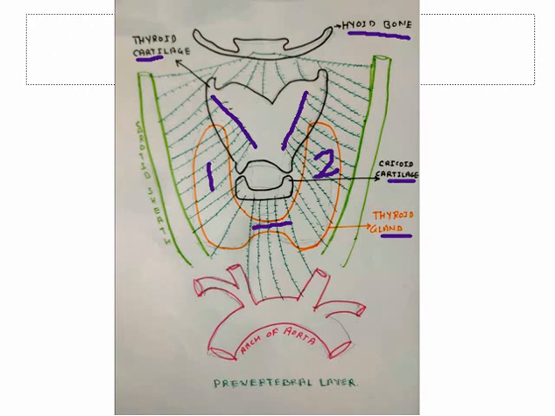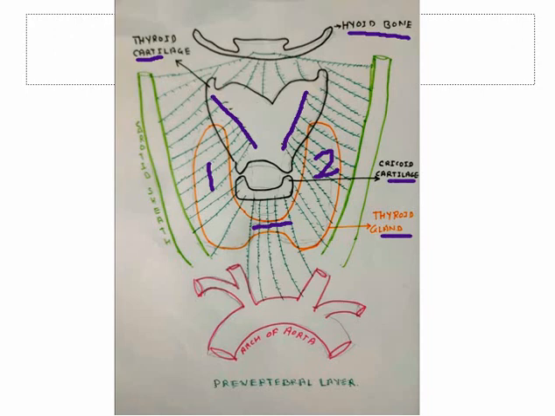This thyroid gland is enclosed by the pretracheal fascia. So the fascia comes down from the cricoid cartilage, from the oblique line of thyroid cartilage, and here it splits. One layer runs anterior to the thyroid gland, one layer runs posterior to the thyroid gland, and then after coming below, it again rejoins.